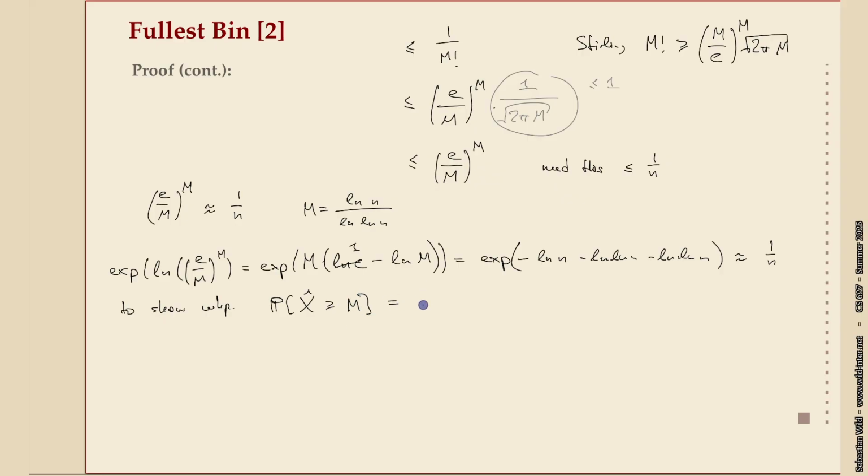We want that to be big O of n to the minus d for some number. And so this we can upper bound with our bound from before, n times this guy.